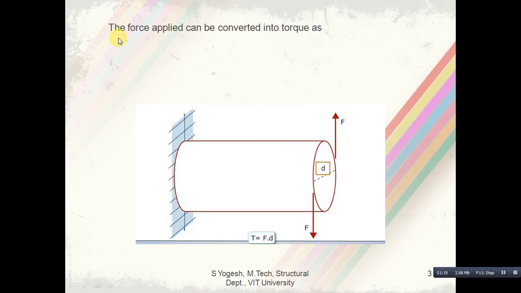we get a torque. When a bar or a shaft is fixed at one end and the other end is free, if we apply force on the free end, with the diameter of the shaft as d, we will get a torque.